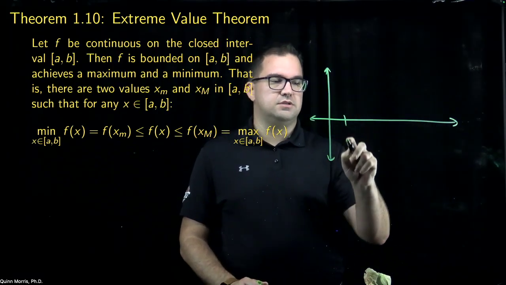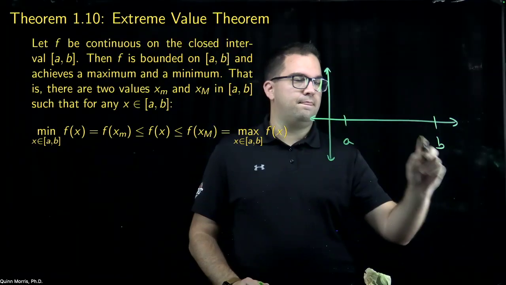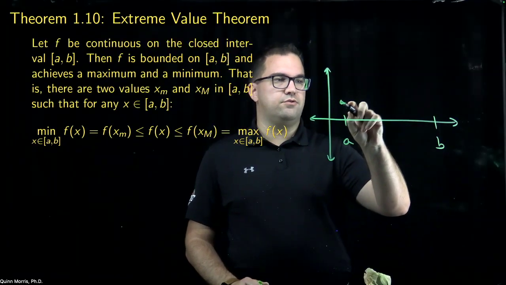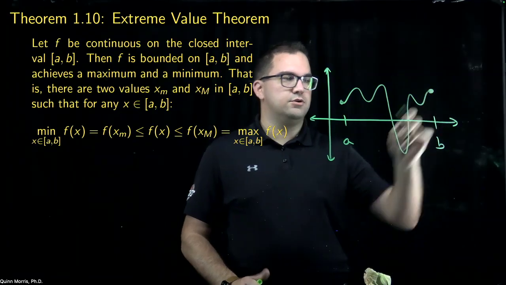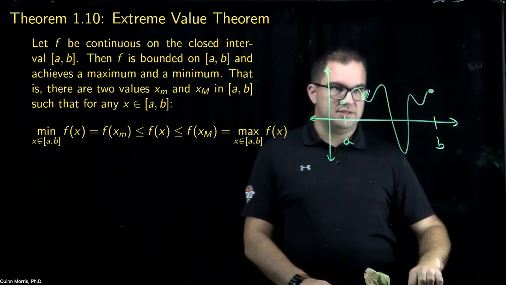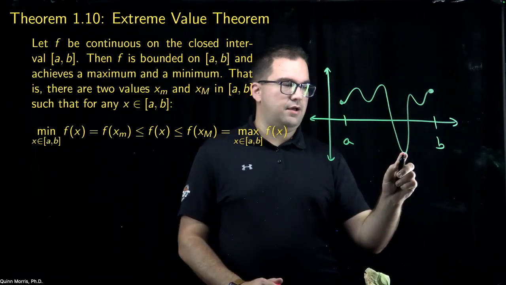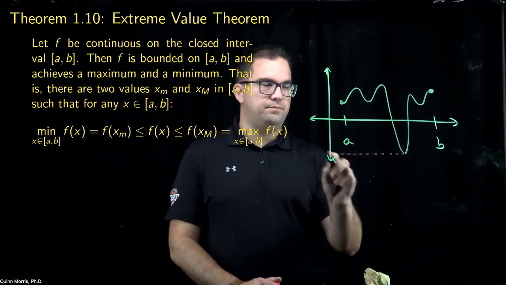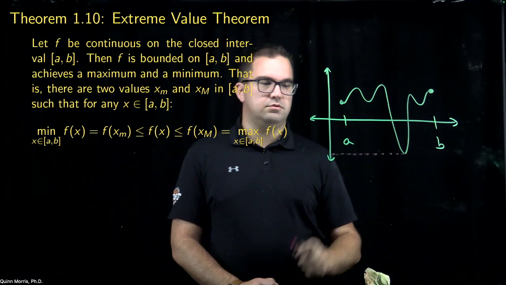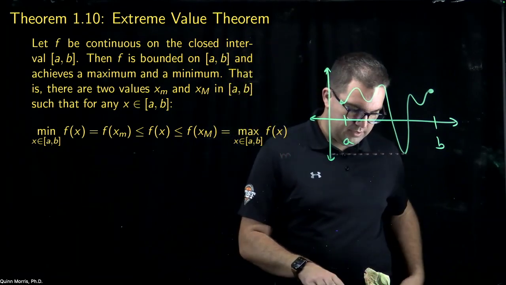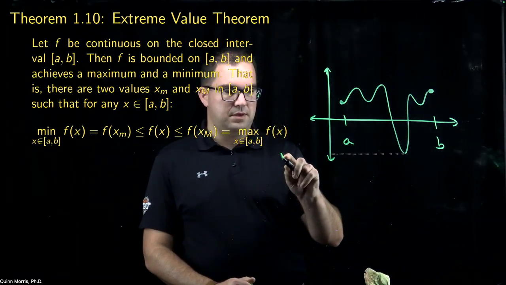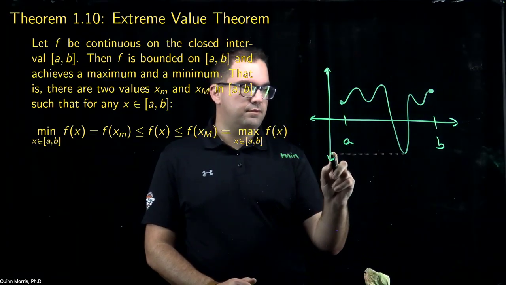If I have some interval [a, b] and a continuous function on this interval, I can do whatever. Here's my function. It's easy to look at this and identify, okay, here's my minimum value.